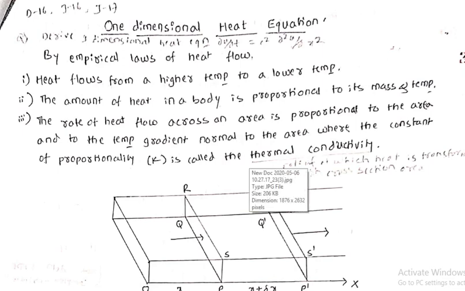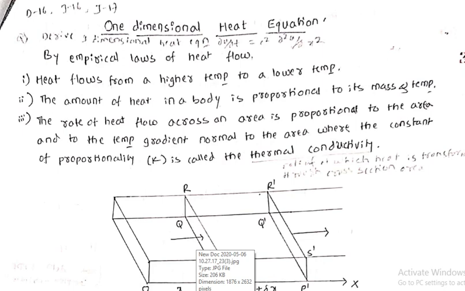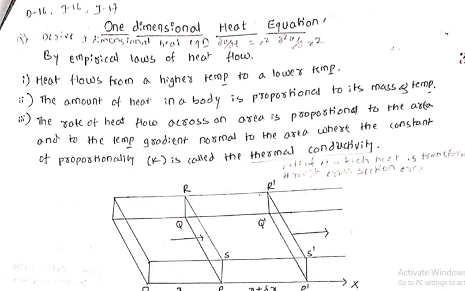Here, we have partitioned the bar using cross-sectional areas, and the heat flows across this cross-sectional area; this is the rate of flow of heat across the cross-sectional area.